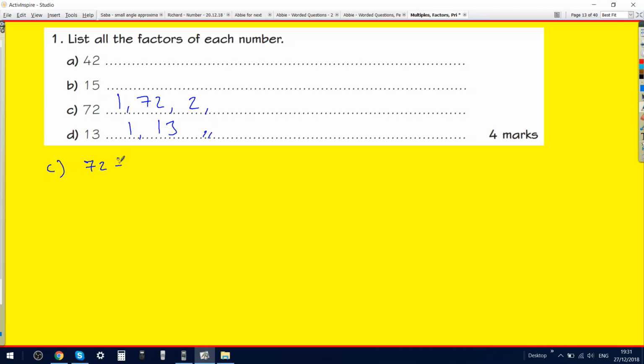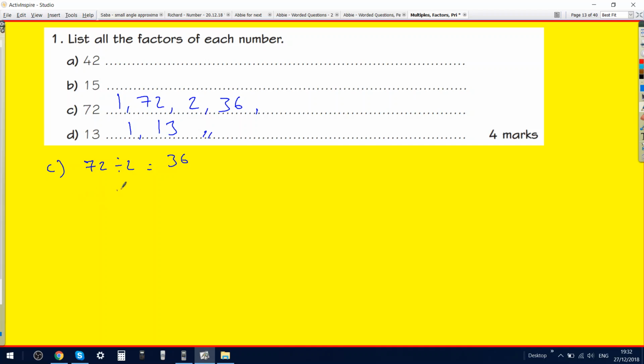What is 72 divided by 2? I think it's 36. Yeah, so 36. 2 and 36 are factors.